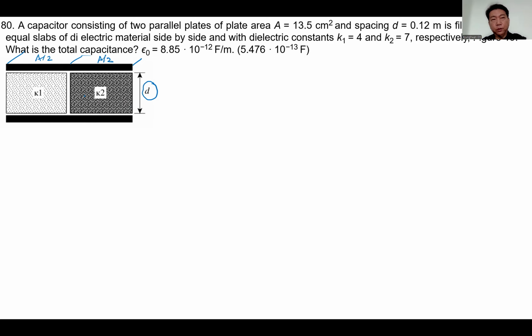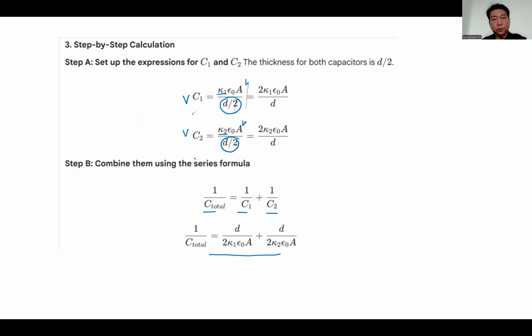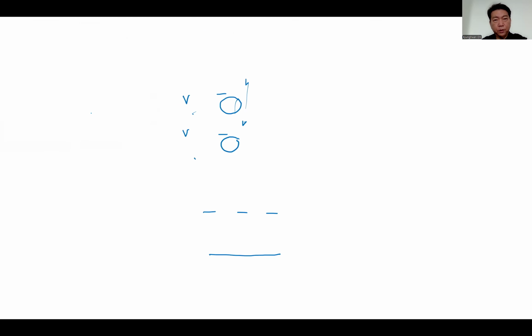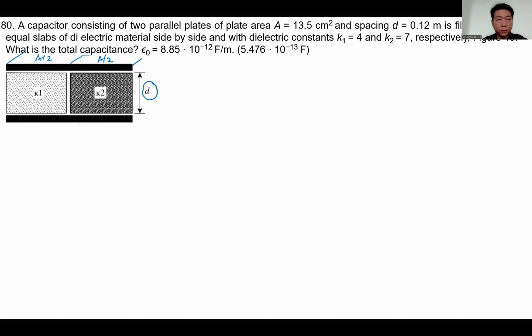So if you look at it, the area is the same for this capacitor and this capacitor in the series case, but the thickness is halved, and they are connected in series, whereas in this case it is connected in parallel.